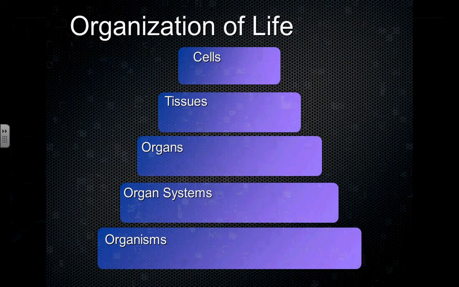Our bodies are made of trillions of cells. A cell is the basic unit of life, the simplest building block of living things. For example, we have billions of individual muscle cells in our body.